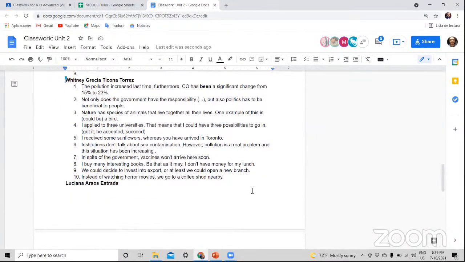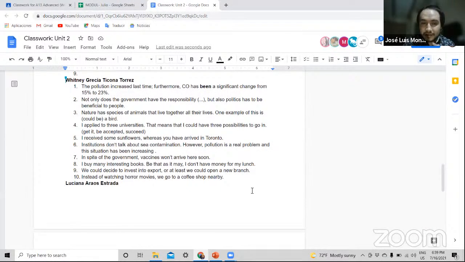Okay, great. And also in the second part, sorry, one thing, it says, right, instead of watching horror movies, we go to a coffee shop nearby. So in this case, if your intention is to give me ideas of your routine, right, this is what you always do instead of watching horror movies, then it's correct. But if you only mention an alternative, because that's the purpose of this word, right?